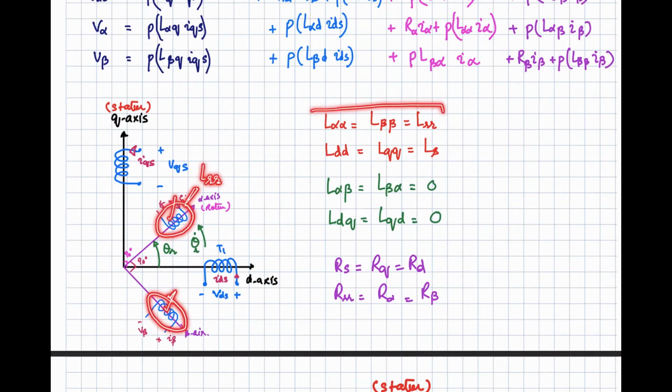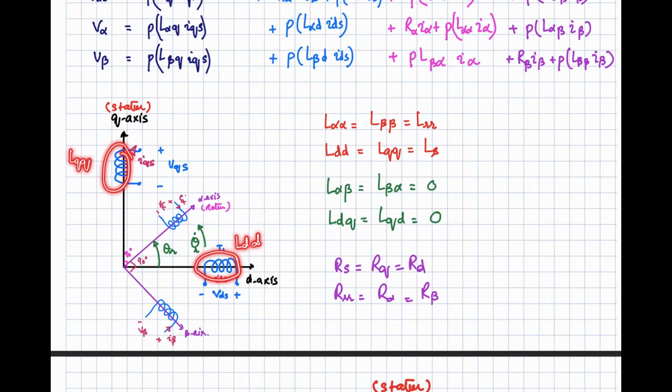So L alpha alpha and L beta beta will be considered as LRR, rotor self inductances. Similarly, the inductance of this winding, LDD, and the inductance of this winding, LQQ, will be considered simply as the stator inductance LS.